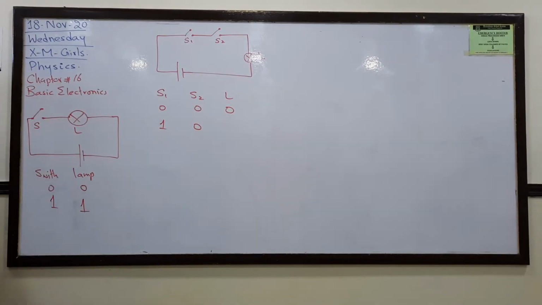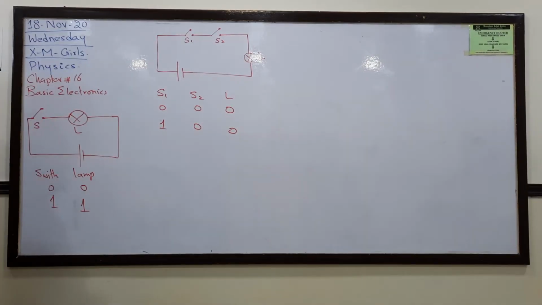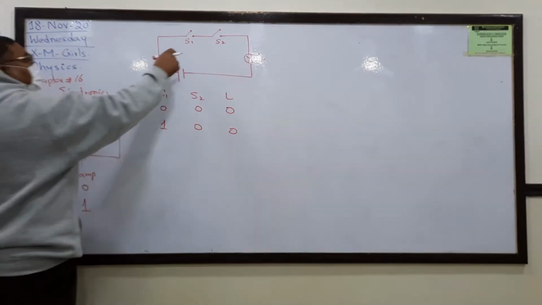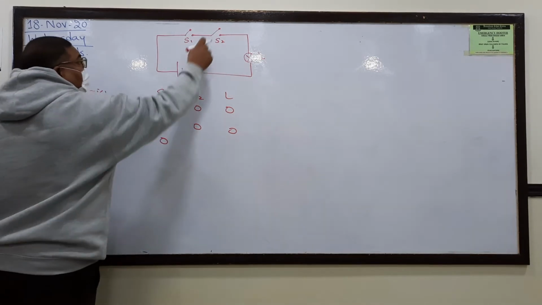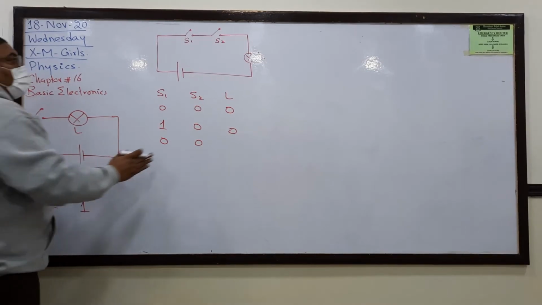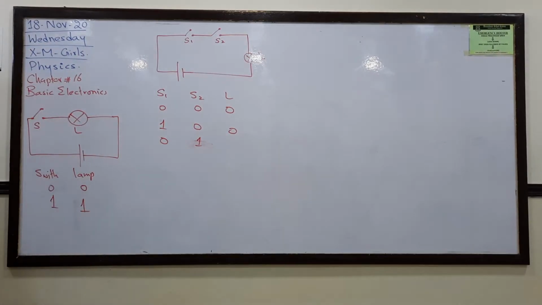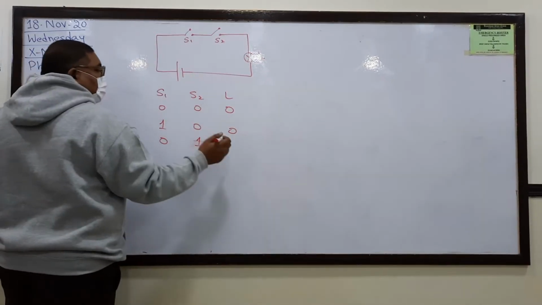Can the lamp be on? No. The path of the current is not yet completed. Let's keep S1 open and close S2. Can the lamp be switched on? No, because S1 is open.